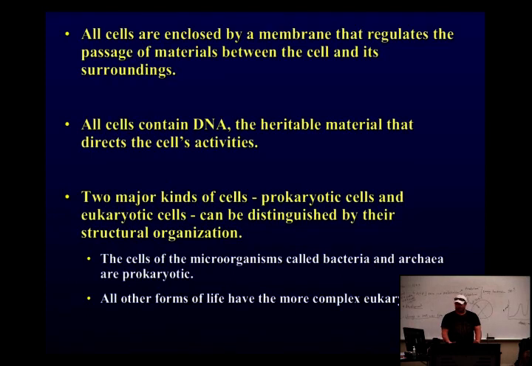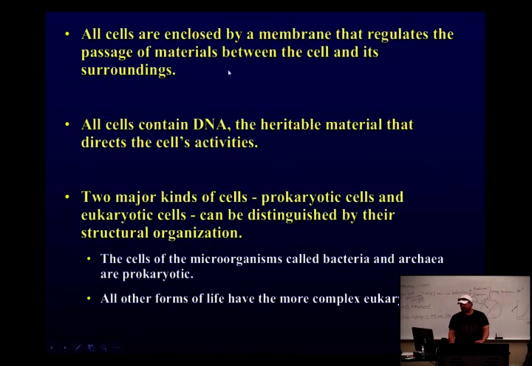Do you guys have a cell wall, you think? You don't. You have cell membranes. Do trees have cell walls? Yeah. So they're a little stronger. Go try to run down a tree. See which one wins. All right. So that's why we have a membrane, and all cells contain DNA.